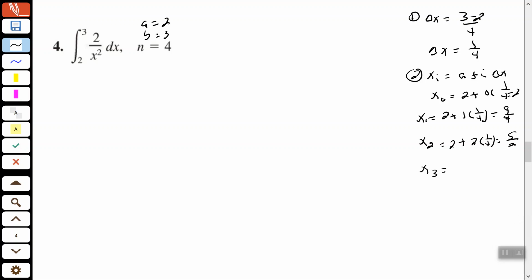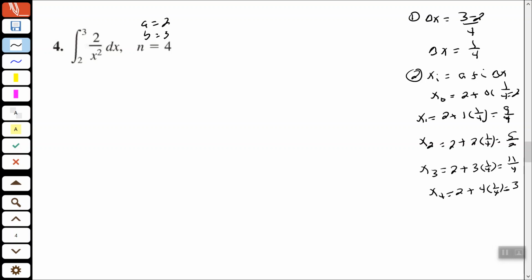We add a fourth to that, that will give us 11/4. And if we add a fourth to that, that will give us 12/4 or 3. So we have 2, 9/4, 5/2, 11/4, and 3. So we started with 2 and ended up with 3. And we had a fourth, 4 intervals there.